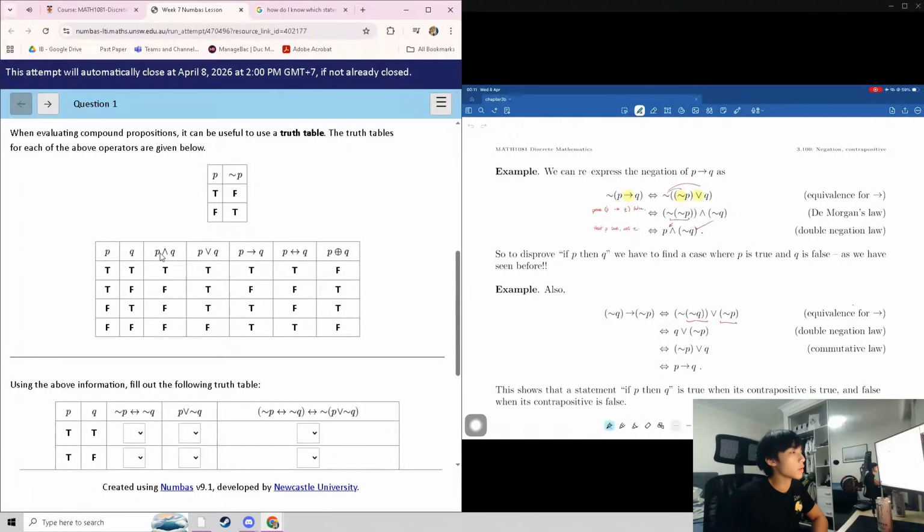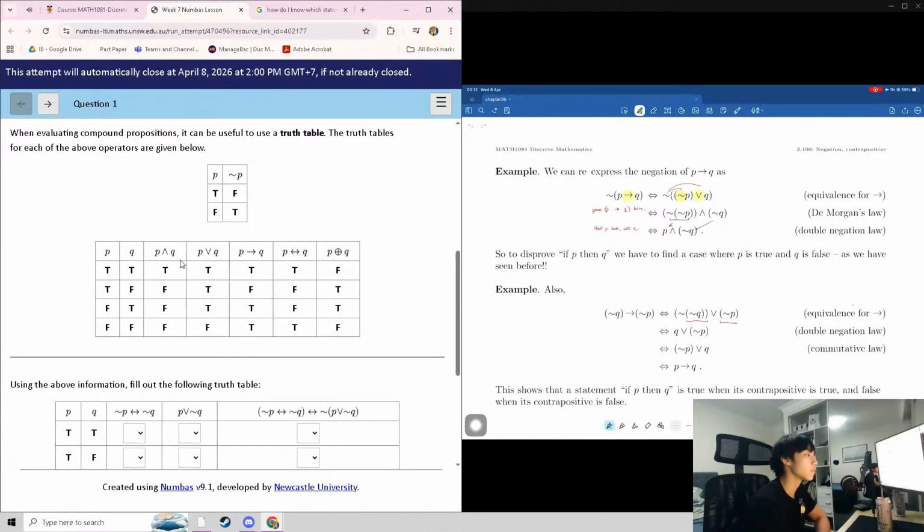If P is false and Q is true, then P and Q is false. P or Q, right? So either one is true or both is okay.